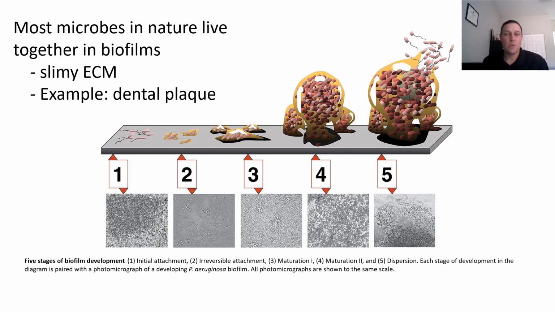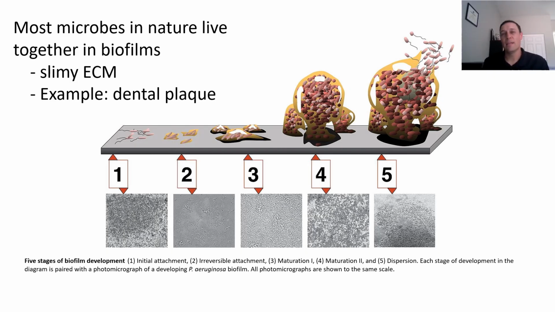In doing so, you also get the development of water channels so that nutrients can pass through and be delivered to all of the different cells within the layers. You can imagine that as the cells increase in number, just like in a crowd, everything starts to fill up more and more. There have to be routes for those materials to get to all of the cells to stay alive.